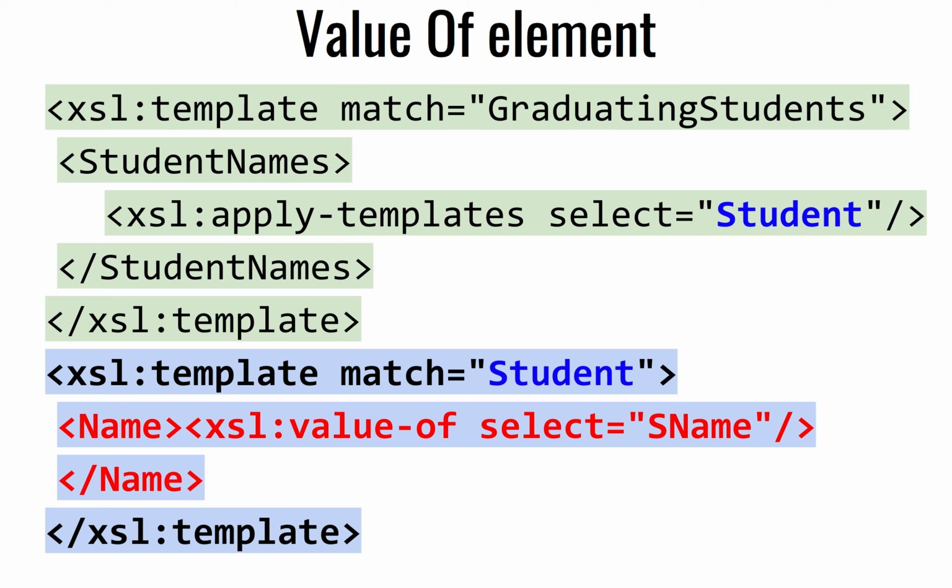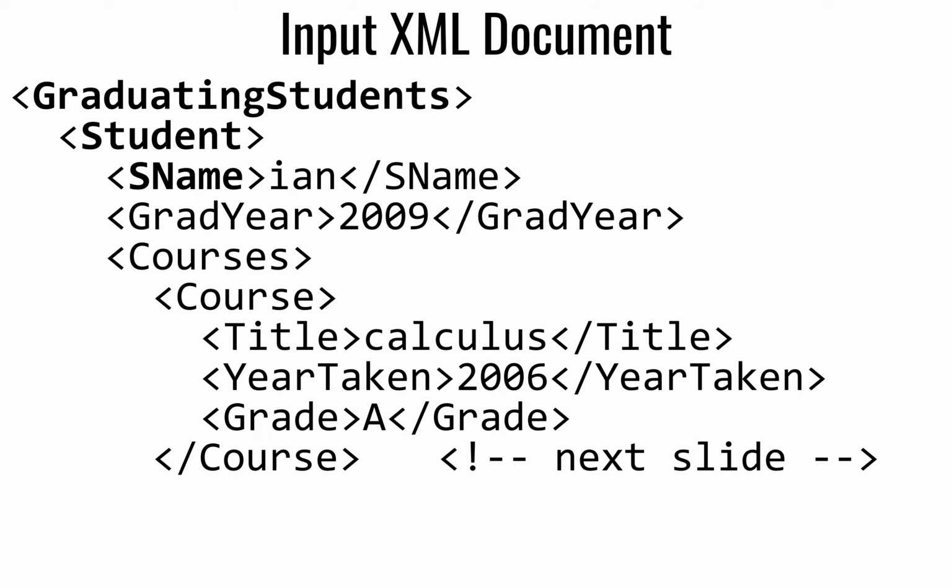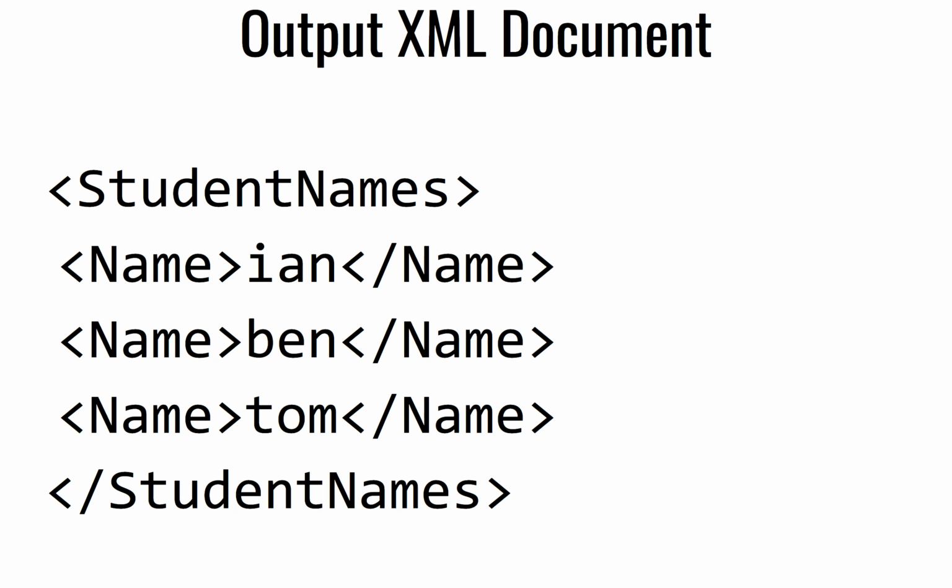and it's going to insert it in here. So the output from this incoming XML document generates the following. As an output, it'll be student names, and only the name has been extracted. So it completely ignored the courses, the graduation year, the grade, any of that.